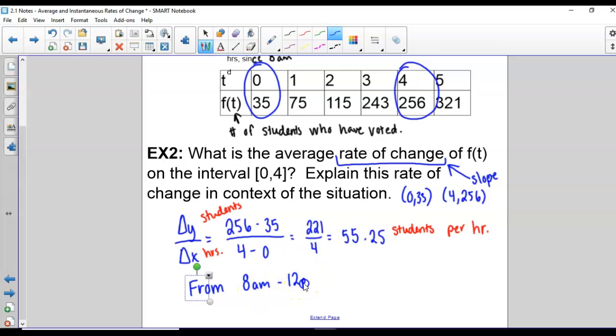a.m. to 12. Hold on. This is p.m., right? The a.m. would be in the, okay. Should know better. But sometimes that still gets me mixed up.